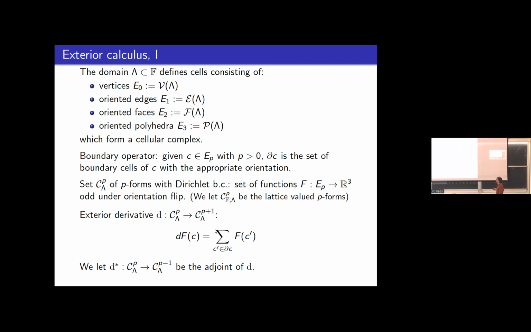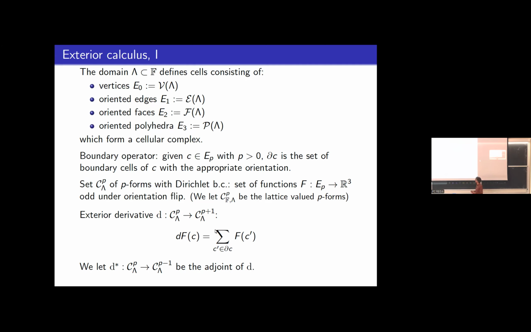There is a notion of discrete derivative that I already introduced in some special cases this morning. The discrete derivative, also called the exterior derivative, is a function from the p-forms to the p+1 forms. If you apply the exterior derivative to 0-forms, a function of vertices, you produce a function on edges, as we saw this morning.